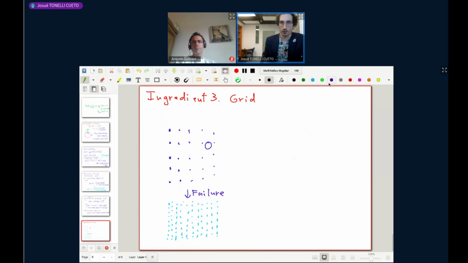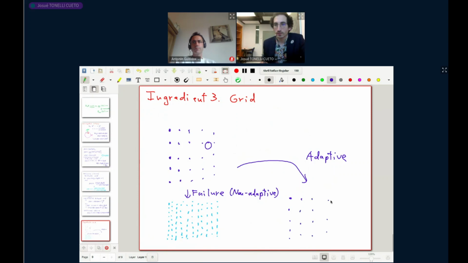This is the non-adaptive philosophy. In the adaptive philosophy, I will just preserve the grid as it was, but where there was the failure, I will substitute that point by these 4 points. So in this way, I'm wasting less computation.